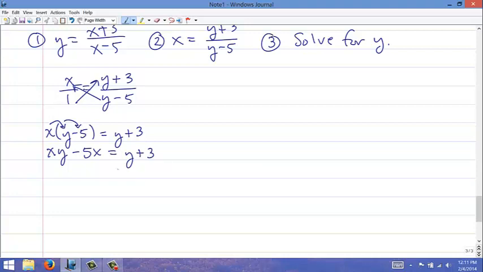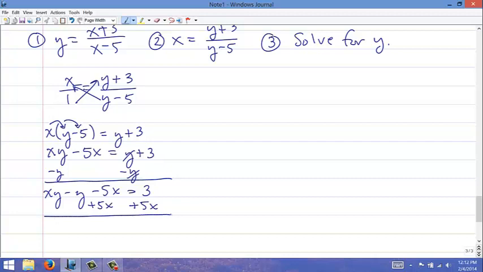Again, bring all the y's to one side, so subtract y. So xy minus y minus 5x equals 3. Add the 5x to both sides, so we have xy minus y equals 5x plus 3.